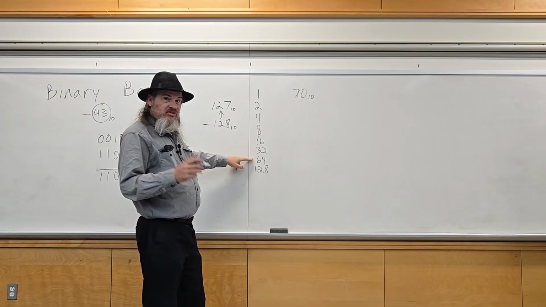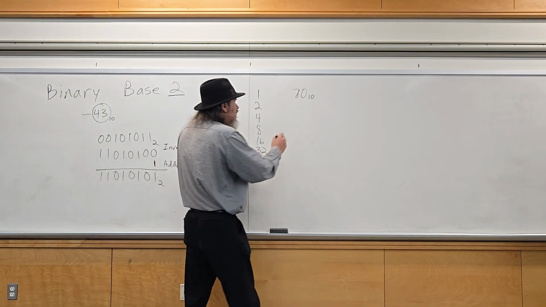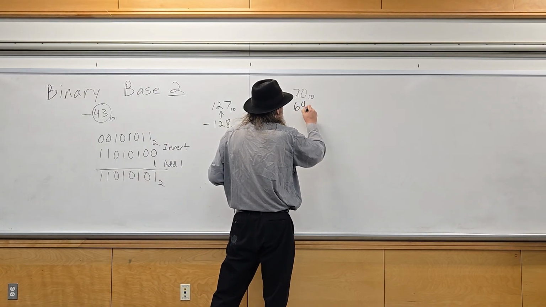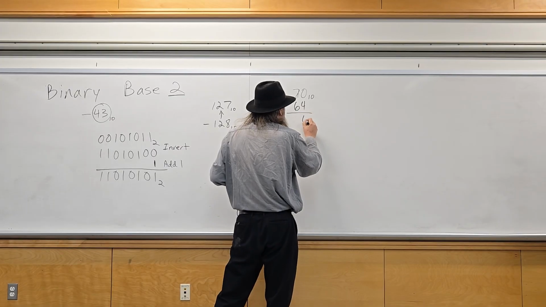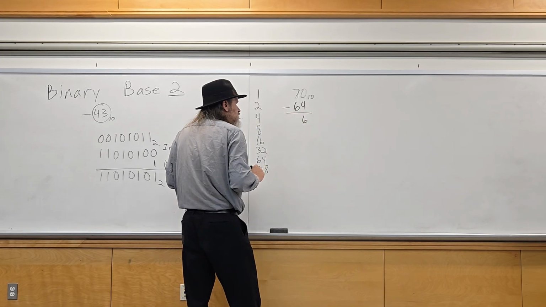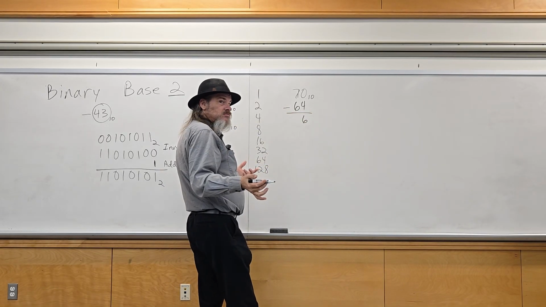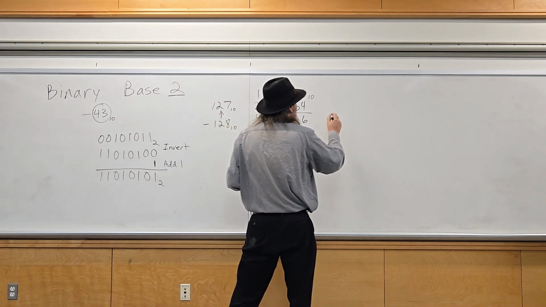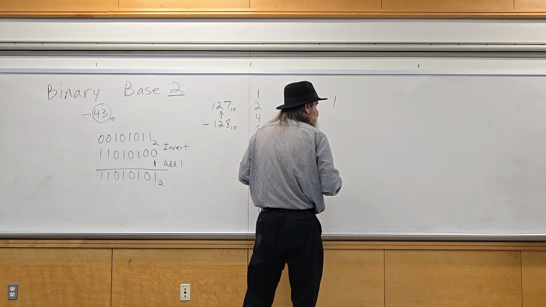In this case, it's 64. So 64, subtract it from 70, and you get 6. And you put a 1 in the 64's position.